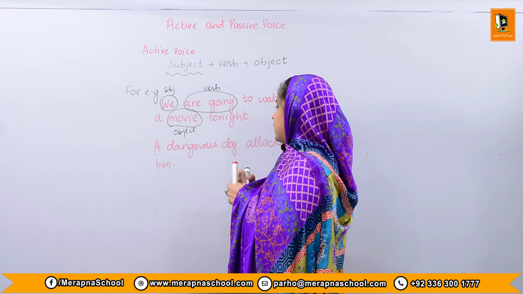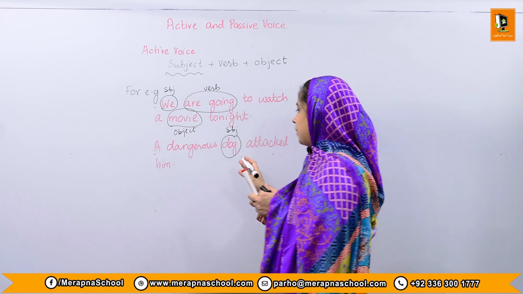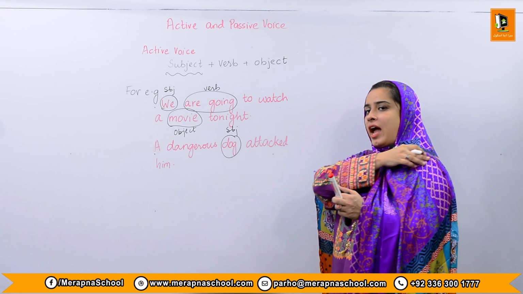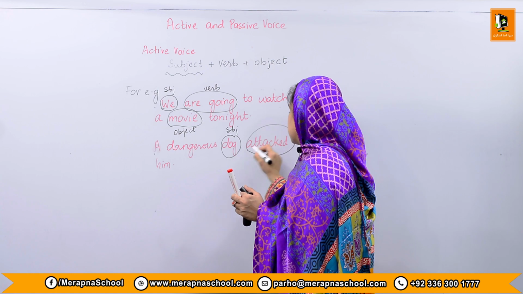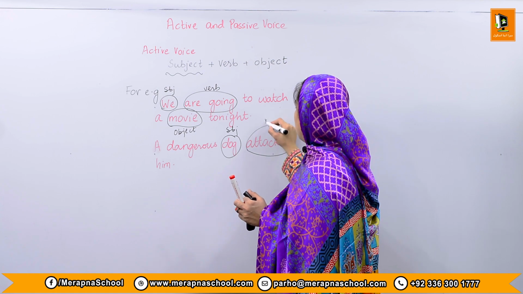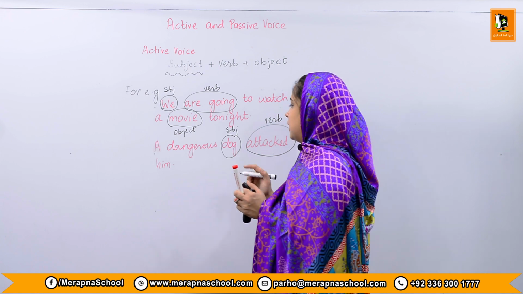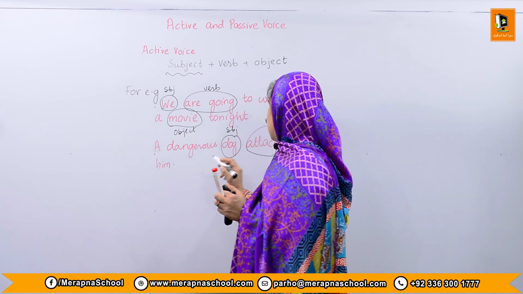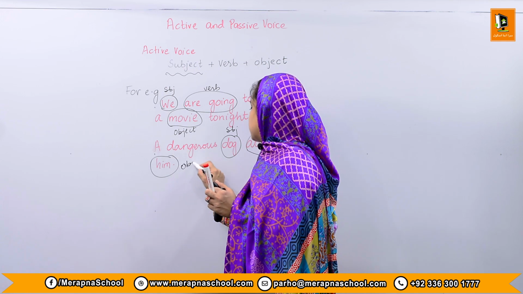The subject here is a dog, because we are talking about the dog. And what action has this subject performed? That is, it attacked. So that's the verb. All the verbs are action words. And then him means that the dog attacked someone, and he is the object.